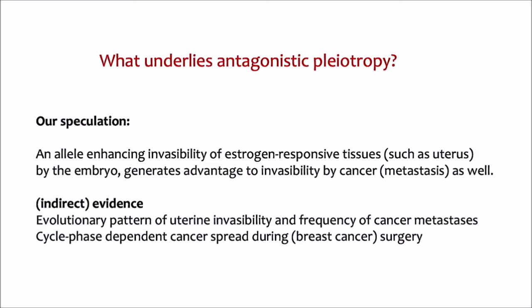One is the evolutionary pattern of uterine invasibility, and that is that the species that have very invasive placentations are also species that are very prone to metastasis. So that's one part.